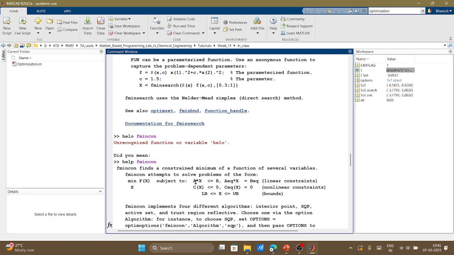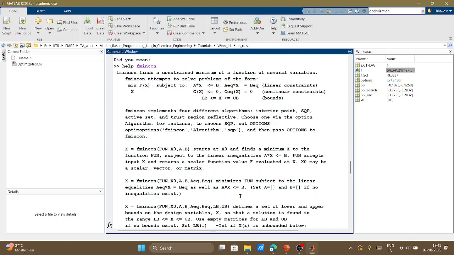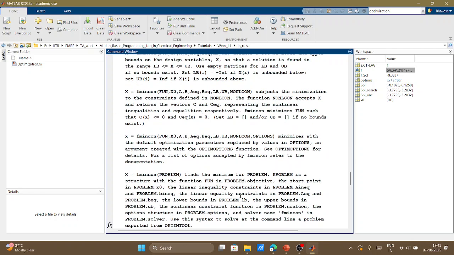But for linear equality and inequality constraints, we have to provide the coefficient values, right? So this is how we will write the function: the function, initial guess, A and B values for the inequality constraint, Aeq and Beq values for the equality constraint, and lower and upper bounds for the x values, right?